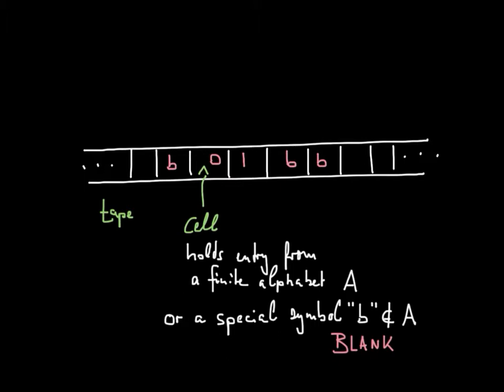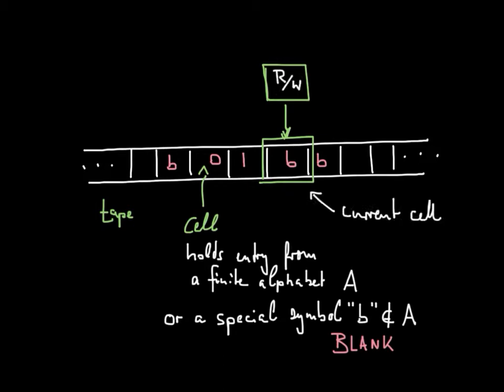Furthermore, a Turing machine has a read-write head. I'll depict it like this. And this read-write head always points to one cell. So I'll mark it this way. And the idea is that this read-write head performs operations on the current cell according to a finite program.